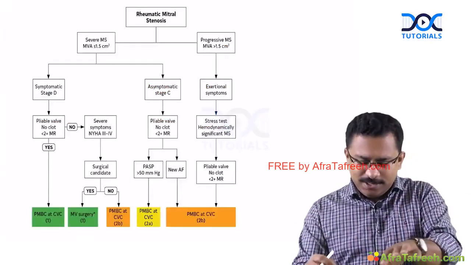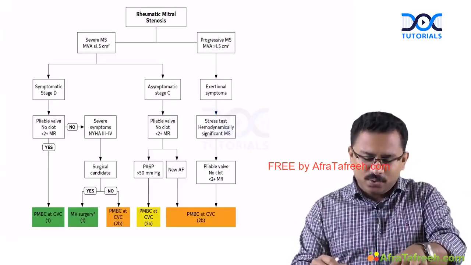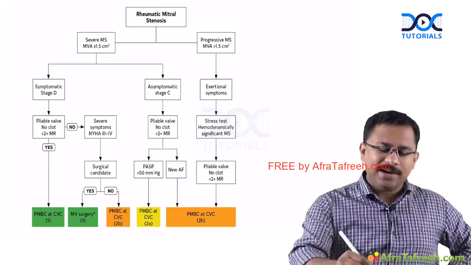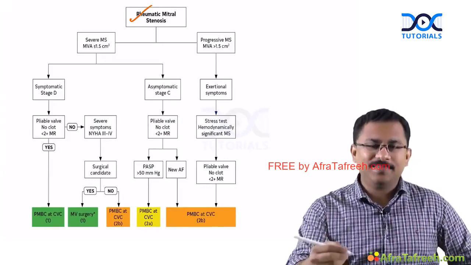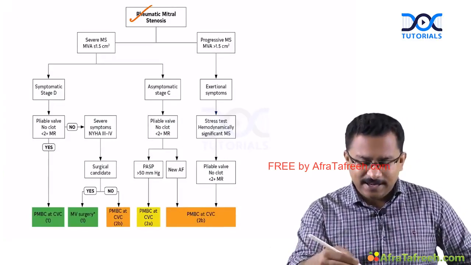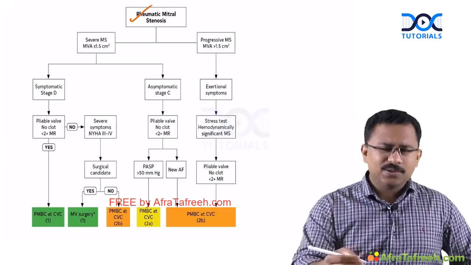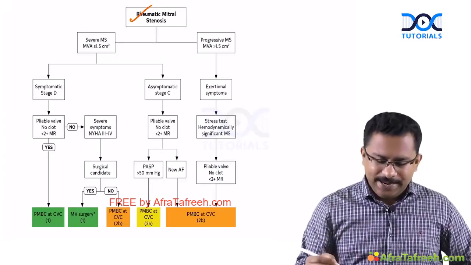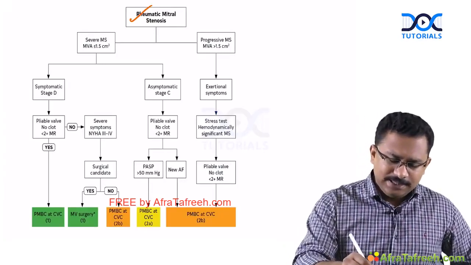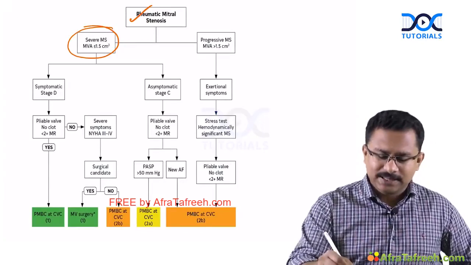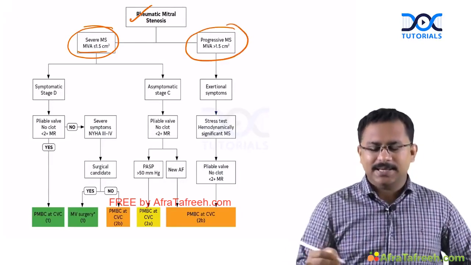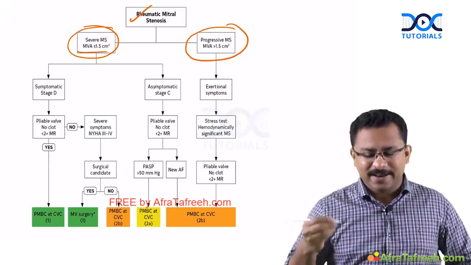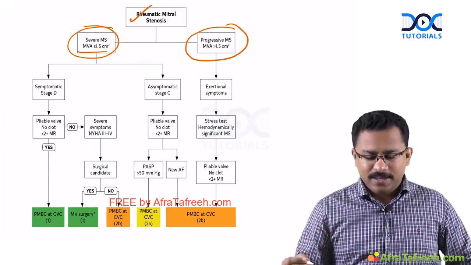Now just to finish off the topic, this is the flow chart of management of rheumatic MS, from the 2020 guidelines. I've directly taken the flow chart. This is what we have discussed, and the division is based on severe MS, when the valve area is less than 1.5, and progressive MS, when the valve area is more than 1.5.